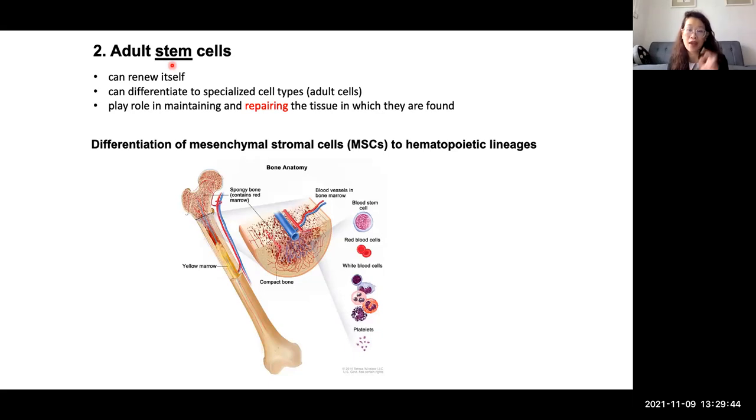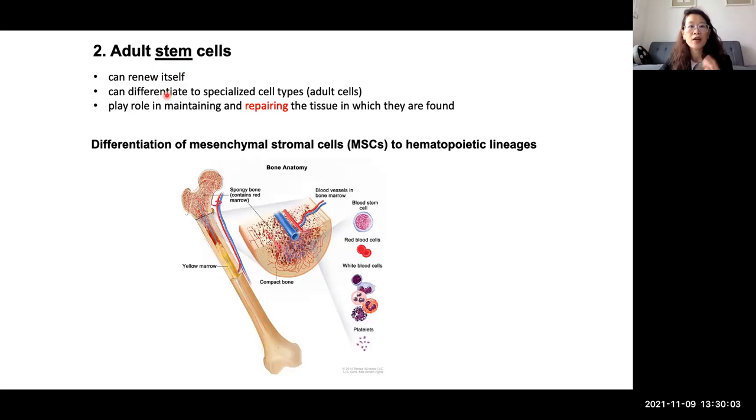Basically, there are 2 things. They can renew themselves, they can expand and divide and become themselves to have a lot of cell number. And the second characteristic of stem cells is they can differentiate, which means they can become other cell types.